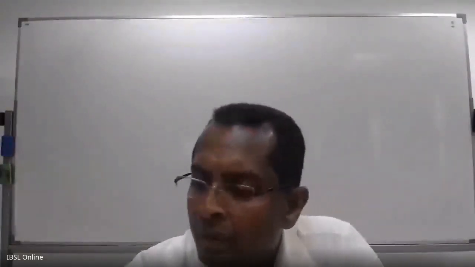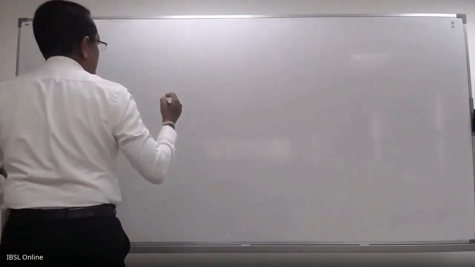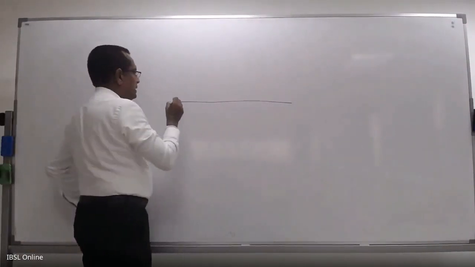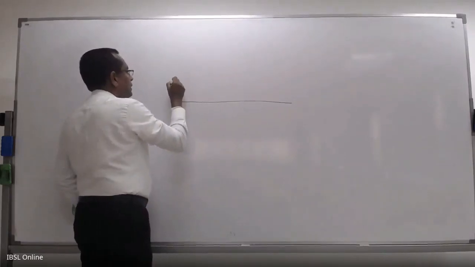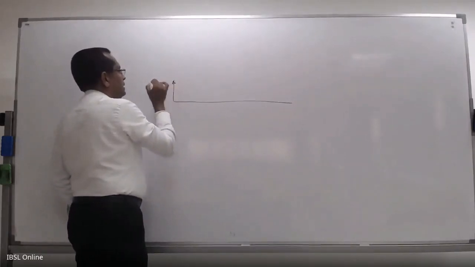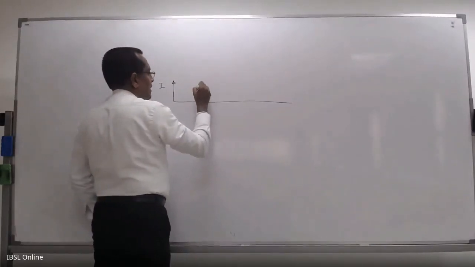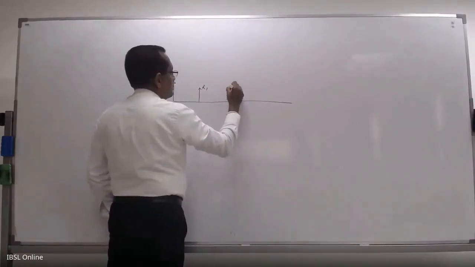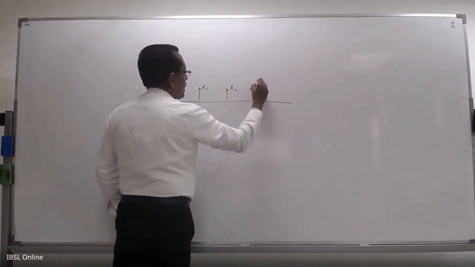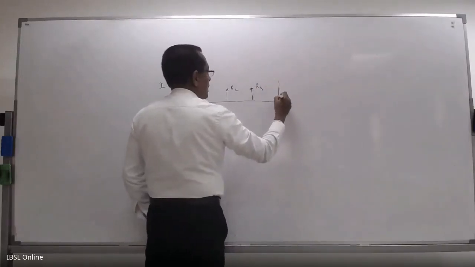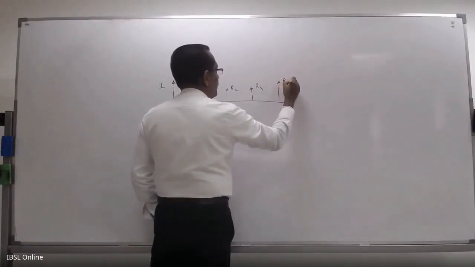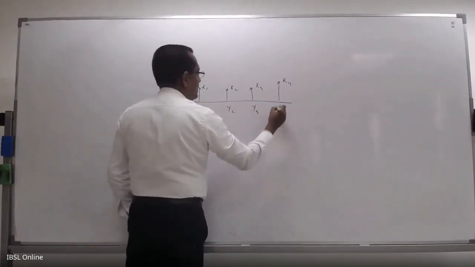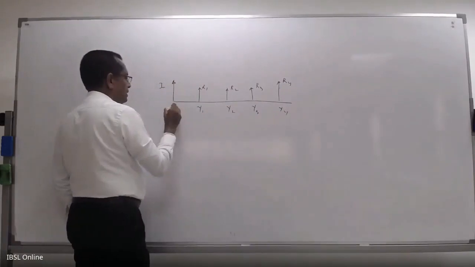Right? What we did, you have a project, then we have the initial investment, then we have returns R1, R2, R3, R4, at Y1, Y2, Y3, Y4, and the investment at Y0.